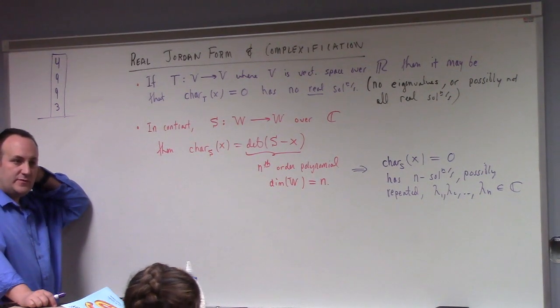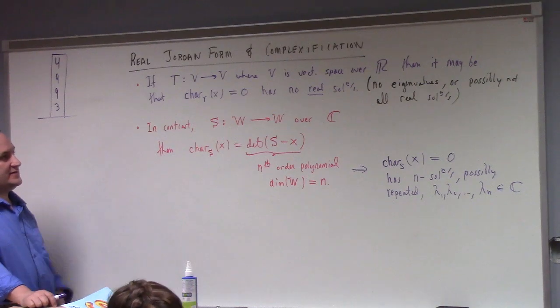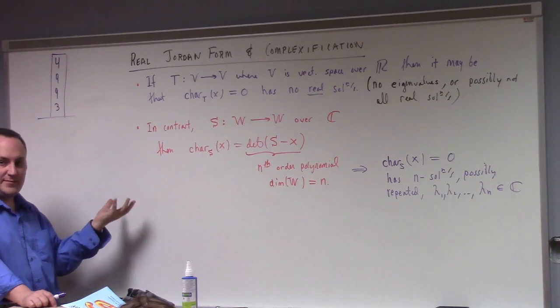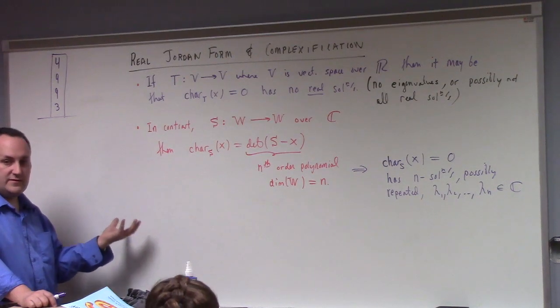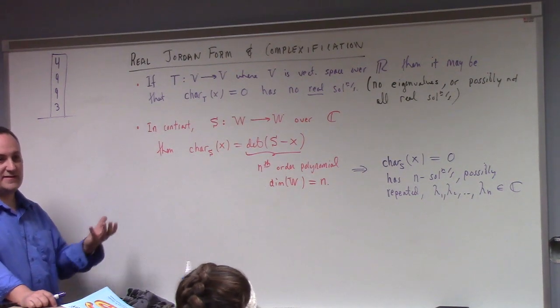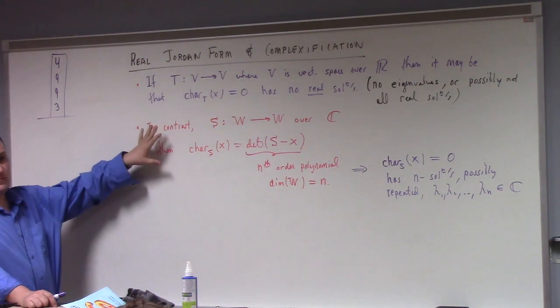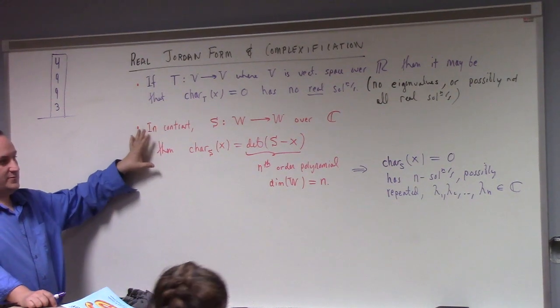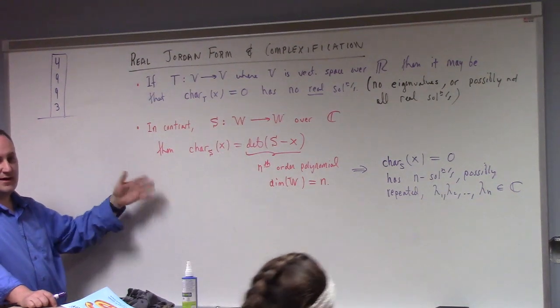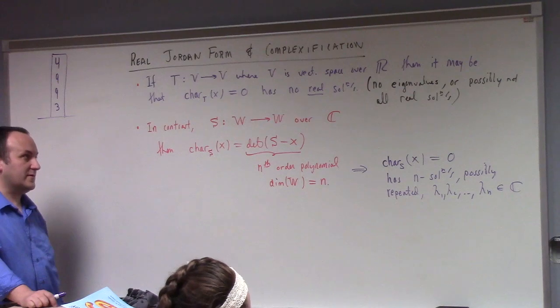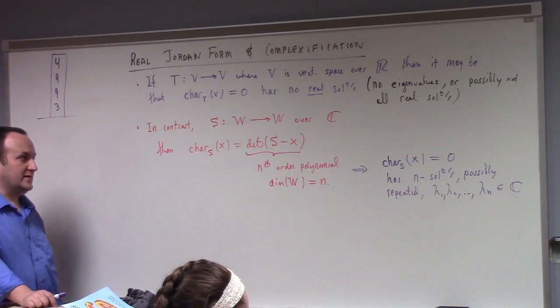Does this make sense? It's advantageous to us if we can take a given real linear transformation and somehow convert it to a complex linear transformation, because then we can apply the Jordan form, at least in principle, and work our way backwards to some sort of quote-unquote canonical form for such a case.